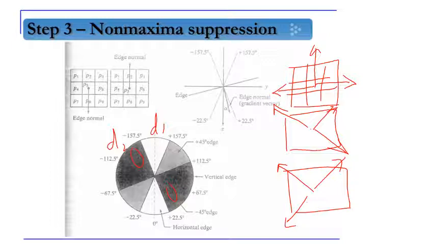If the alpha represents a vertical edge, the direction is assigned as D3, and if alpha represents a plus 45 edge, the direction assigned is D4. So in total 4 directions we are assigning here. So let's see now, after assigning these directions, what we are going to do.